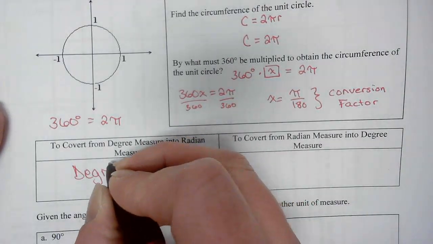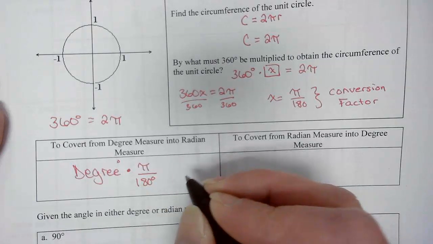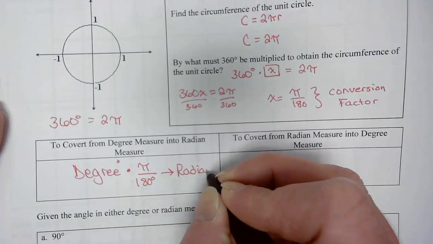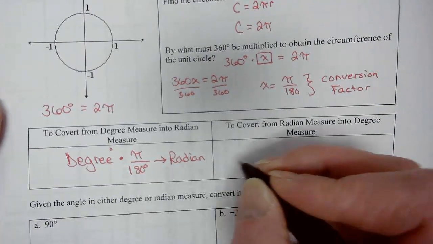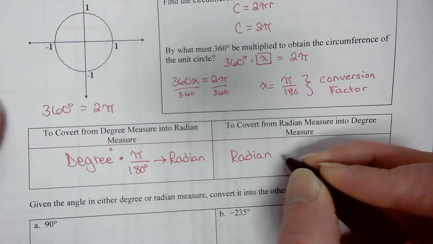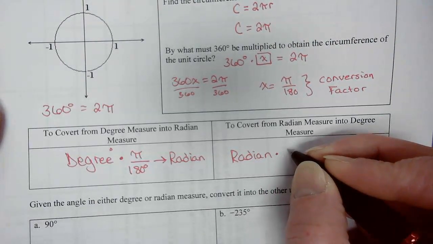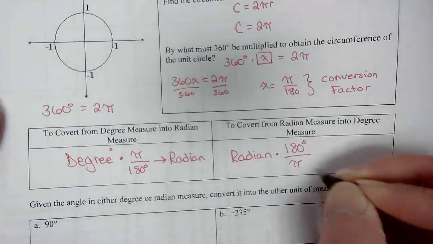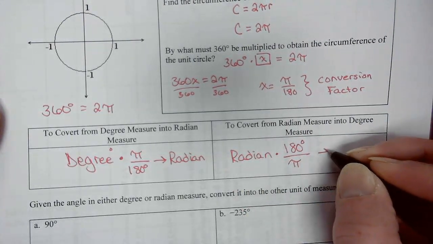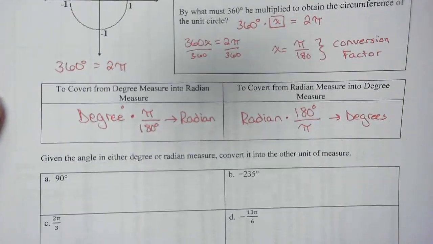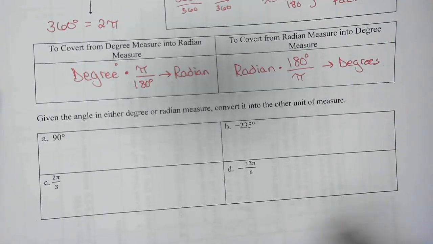Now the degrees would kind of cancel out and we'd be left with radians. If we had radians and we wanted to convert to degrees, we would multiply by the reciprocal, 180 degrees divided by pi. The pi and the radian would cancel out and we'd be given our degrees. So that's the first objective for us, is to convert to the other unit.